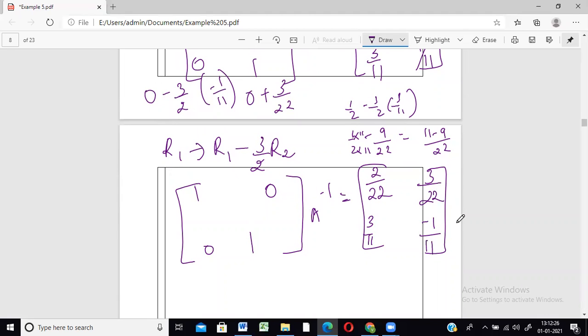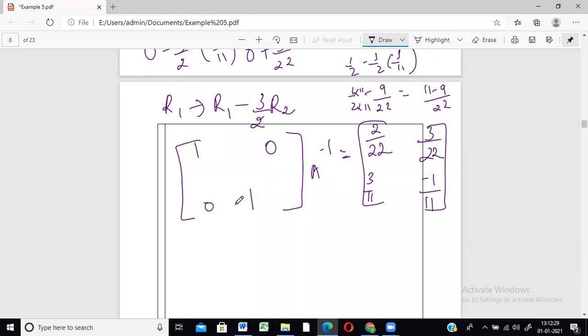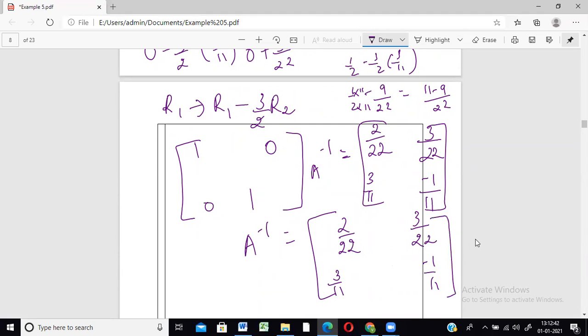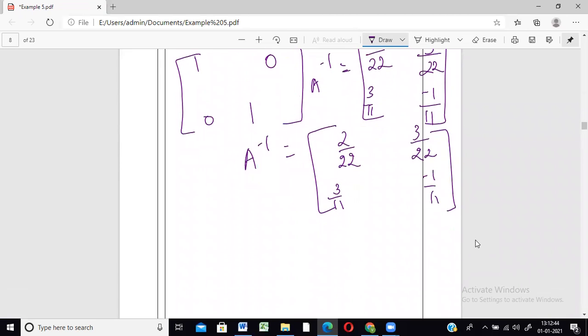Okay. Now, this is identity into A inverse. So we know that A inverse is nothing but this full thing, 2 by 22, 3 by 22, 3 by 11, minus 1 by 11. All right. Now what the thing is, you can always take that denominators.